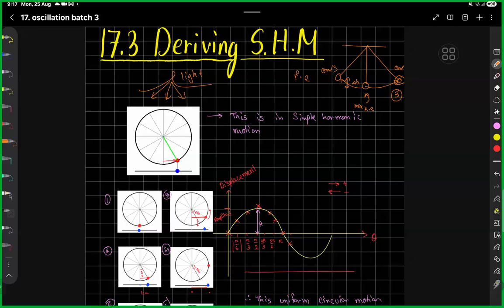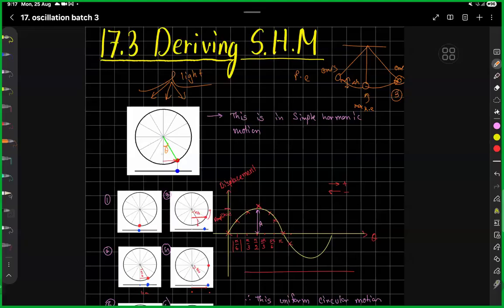Any question? So basically, there's this ball over here which is going in circles, and I've added a light source on this side, and I am seeing how the shadow of the ball, this blue one, moves with respect to time or with respect to theta.